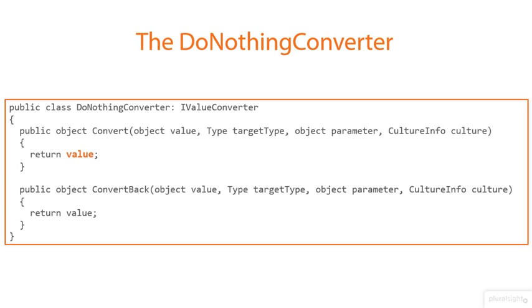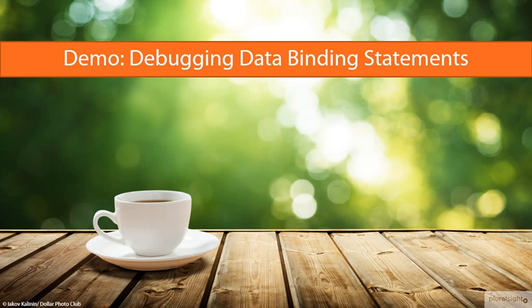Now, if it doesn't do anything, what can we use it for? Well, the converter is itself just C# code, and typically in C# code, we can put a breakpoint. Using this technique, we can take a look at what data the data binding statement is getting in. In the final demo of this module, we are going to use that do-nothing converter and see how we can debug our data binding statements.